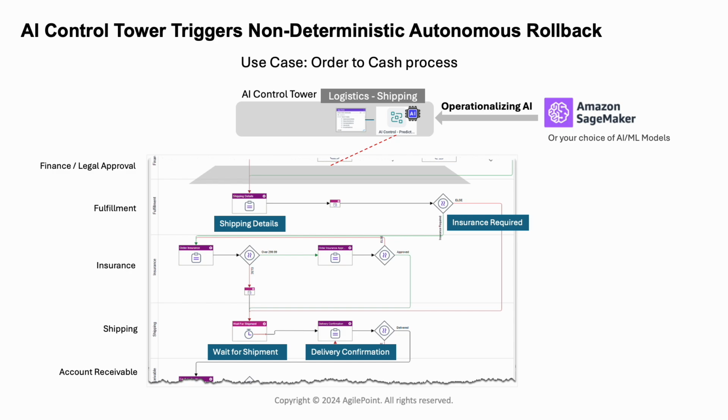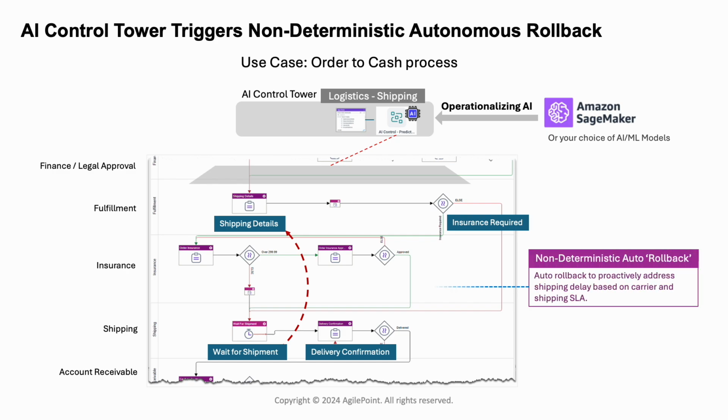So if the prediction model determines that there is a high level of certainty that the shipment won't reach our customer on time with the current fulfillment configuration, the predictive AI agent of type adapt flow is going to automatically roll the process backward from the waiting for shipment stage back to fulfillment, where we can adjust the method of shipment and delivery date to avoid an unhappy customer.